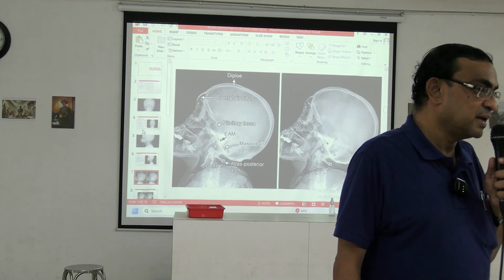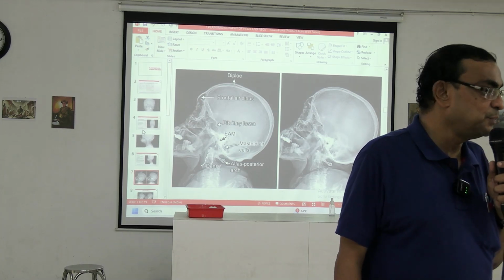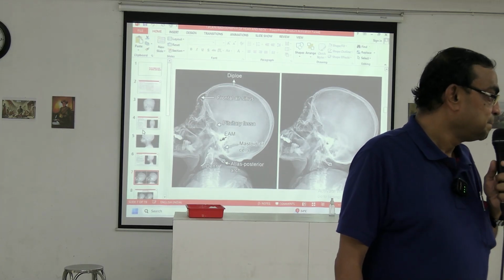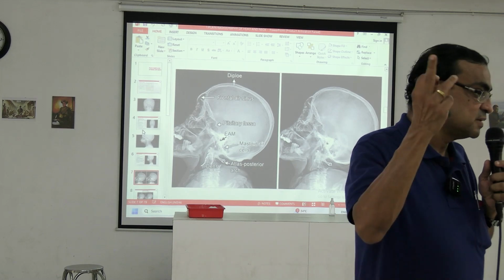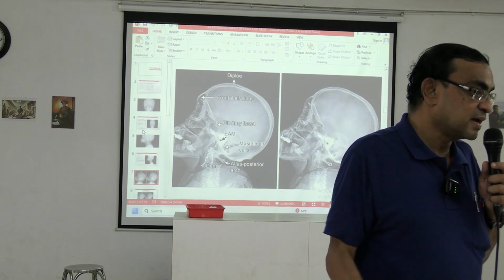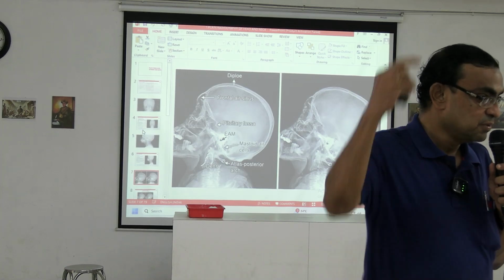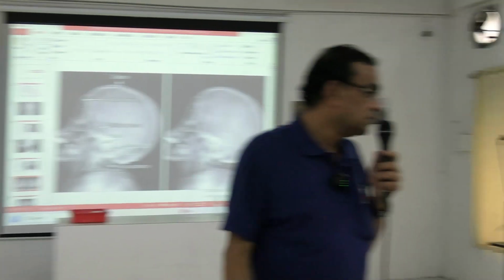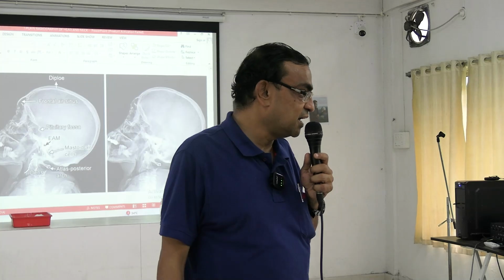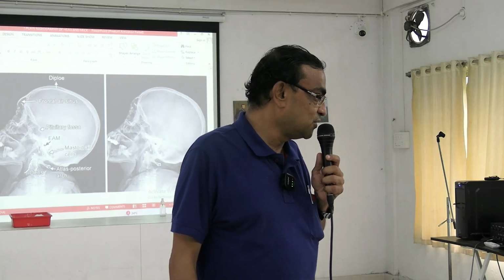In between we can get diploe tissue, where we can get diploic veins, which communicate the extracranial and intracranial structures, the scalp and the intracranial structures. The third layer, remember, loose areolar tissue.